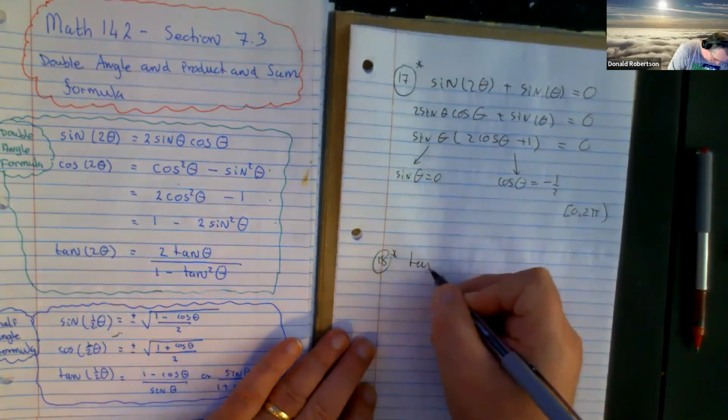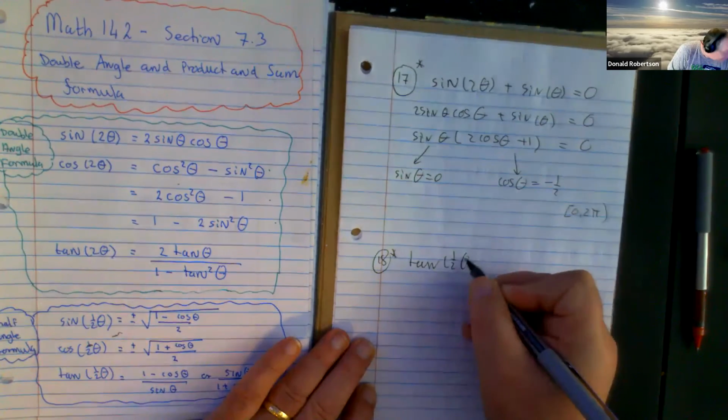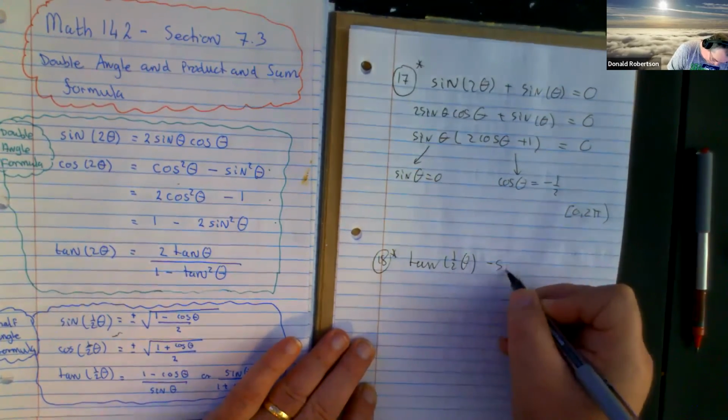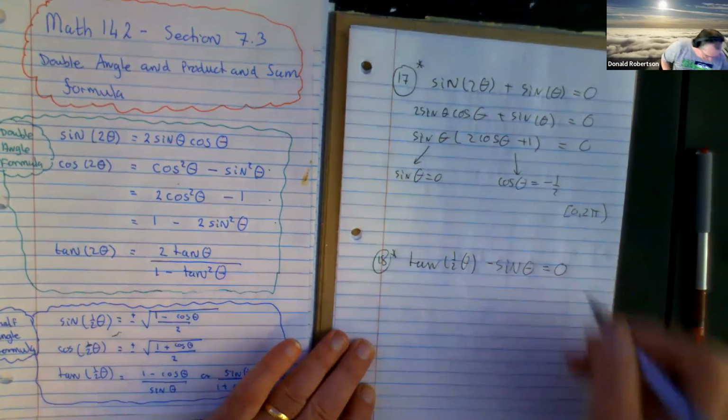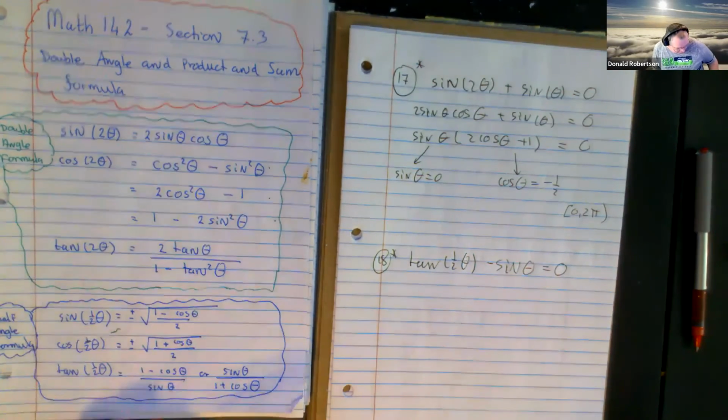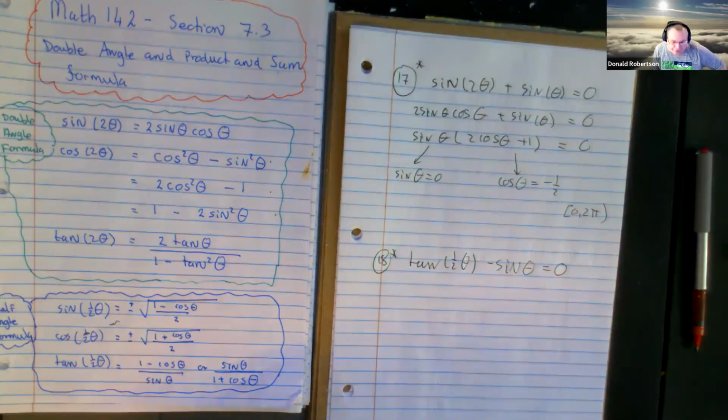Now, 18 then has got the tan of 1/2 theta take away sine theta equals 0. If you look through this formula, which of the ones am I going to use now?